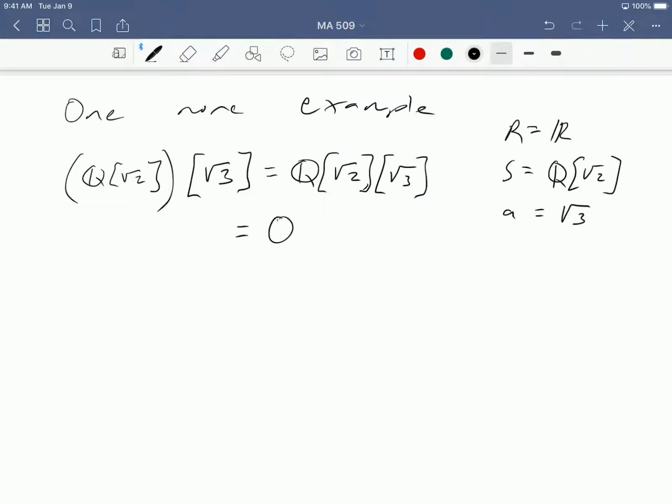And even further, we're going to eventually simplify and just write it as Q adjoin root 2 and root 3. So we're really starting with Q and adjoining both of those elements. All right, so what do elements in this look like?